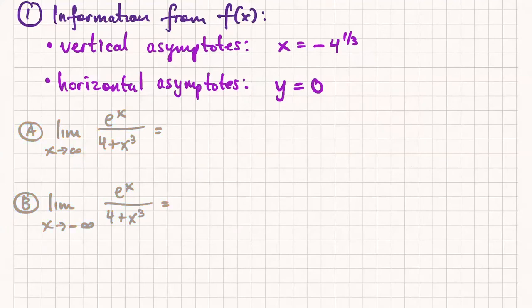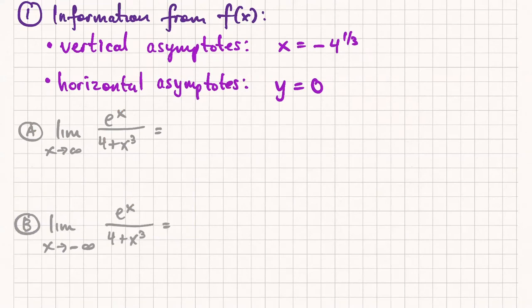So for the limit as x goes to positive infinity, how did you analyze this limit? Well, e to the infinity is infinity, and the denominator yields infinity too, so it's just infinity.